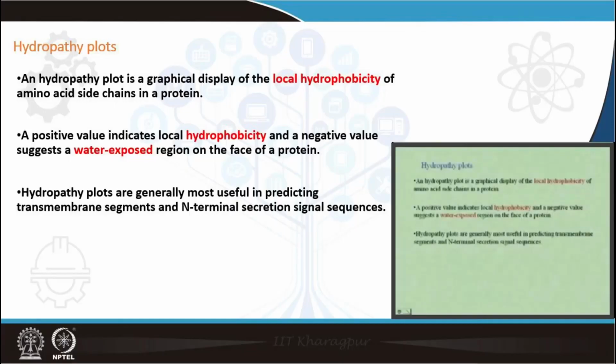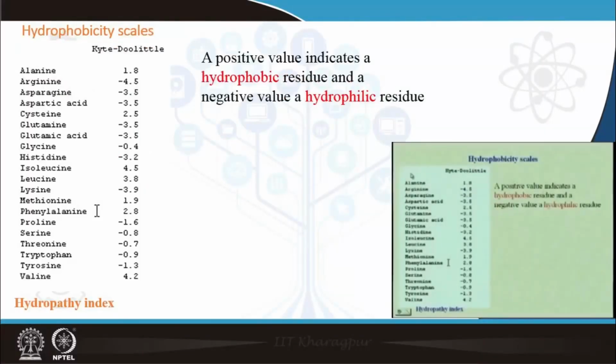And then we learnt in the previous class how we can tell, for a helix on the surface, which part is going to be inside and which part is going to be outside. So, now I will be slightly better off in determining which part of the whole protein sequence is going to be in the middle of the protein and which part is likely to be on the surface of the protein. Okay. So, what do we have here?